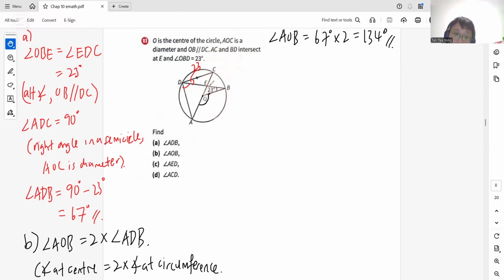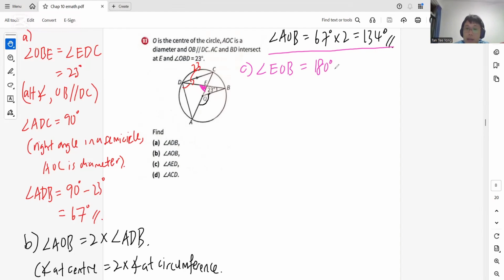Okay, so now we need to find AED. Where's AED? This angle over here. Let's label pink color. Since I have AOB, let's find out what is EOB. Angle EOB equals 180 degrees minus 134 degrees, which is 46 degrees. So this is adjacent angle on a straight line.